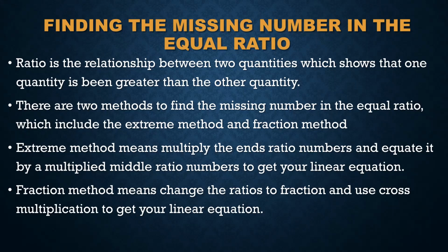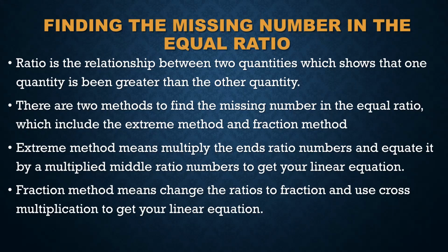I said there are two methods that we can use to find the missing number in the equal ratio, which include the extreme method and the fraction method. The extreme method means multiplying the end numbers of the ratio and equating it to the multiplication of the middle ratio numbers to get your linear equation.